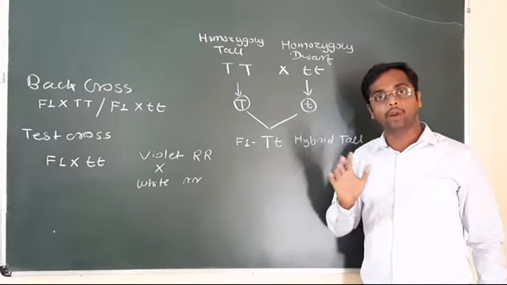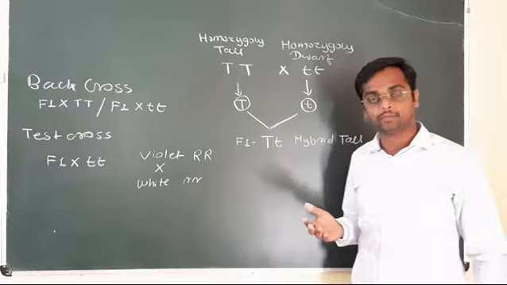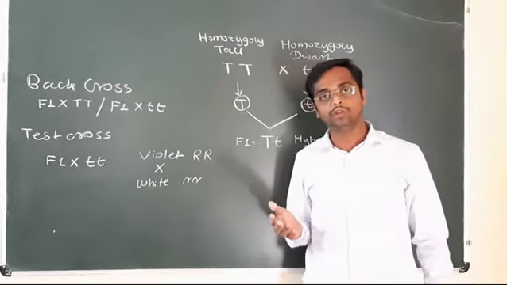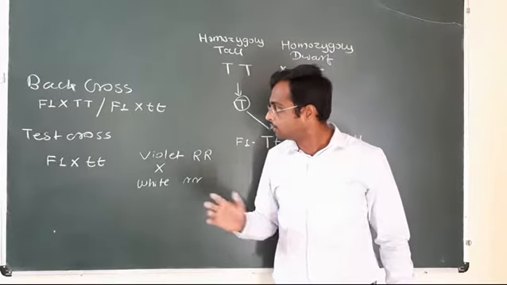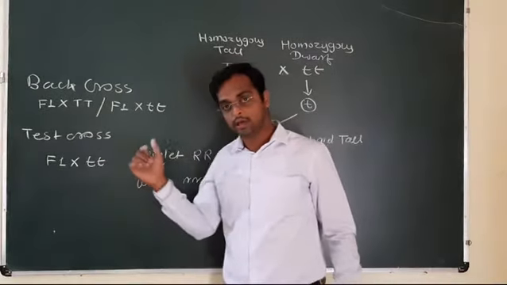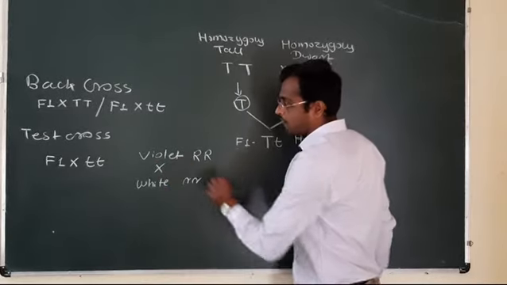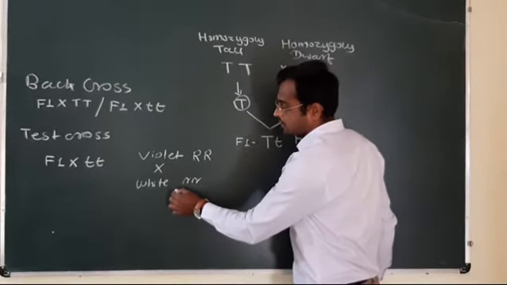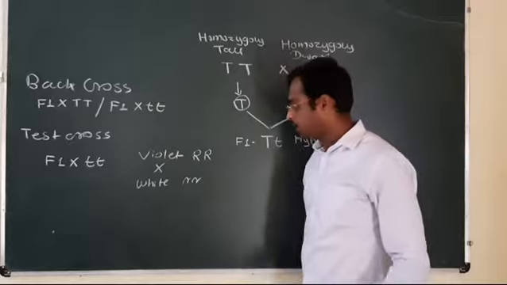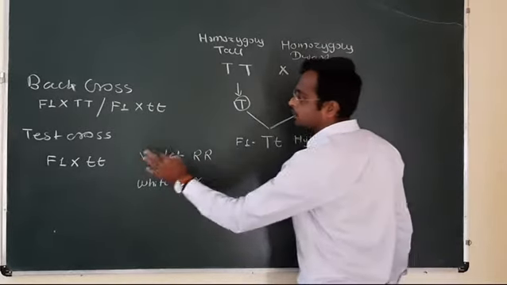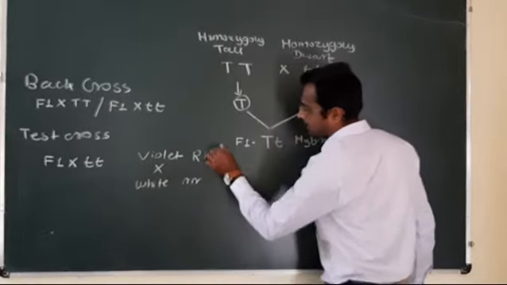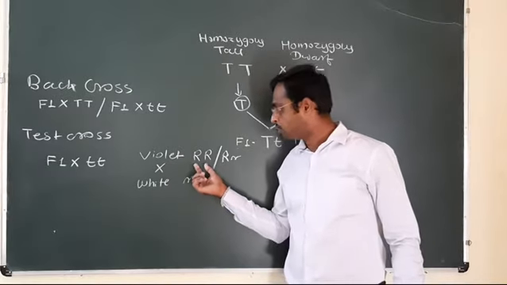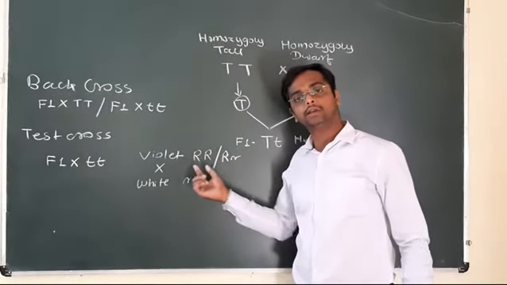If we have a plant with unknown genotype, then to determine the genotype of that plant, we can perform this test cross. So, a violet colored plant is crossed with the plant with a white flower. The genotype of violet is capital R capital R or capital R small r. This violet color is of two types, homozygous violet or heterozygous violet.